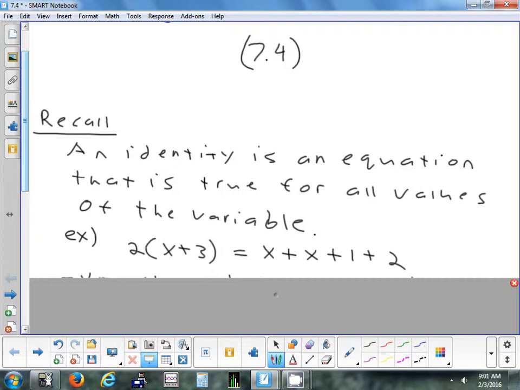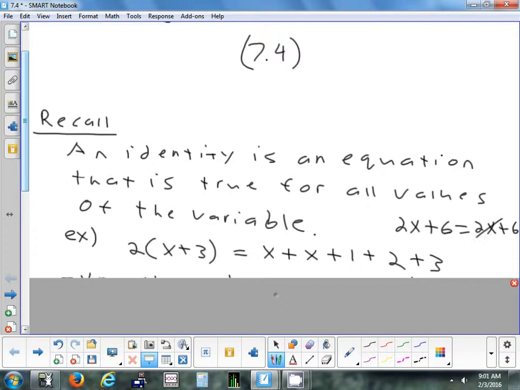If I gave that equation in Algebra 1 and asked them to solve it, watch what ends up happening. If you distribute on the left-hand side, what do you get? 2x plus 6. And if you combine like terms on the right-hand side, what do you get? You end up with 2x plus 6 equals 2x plus 6.